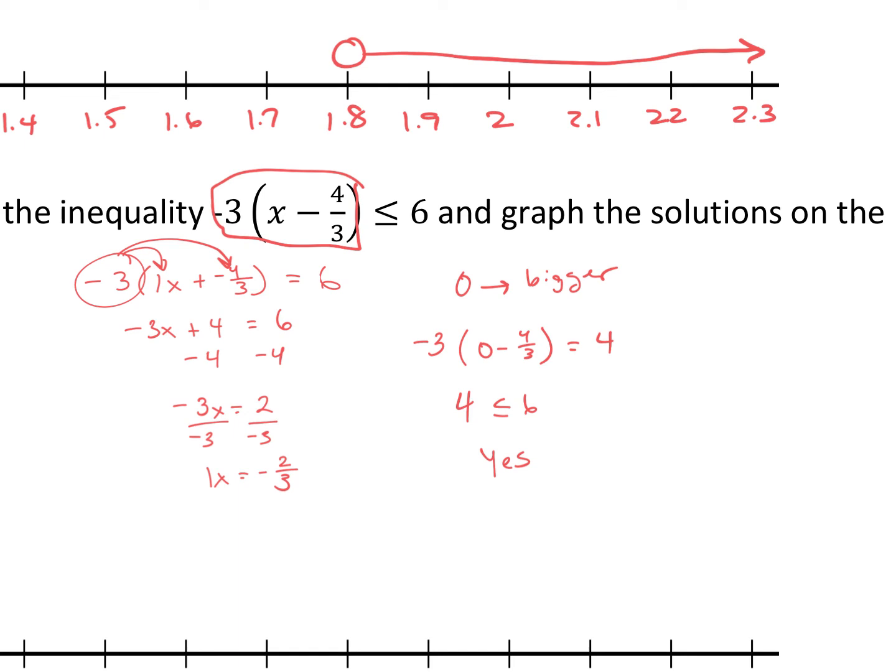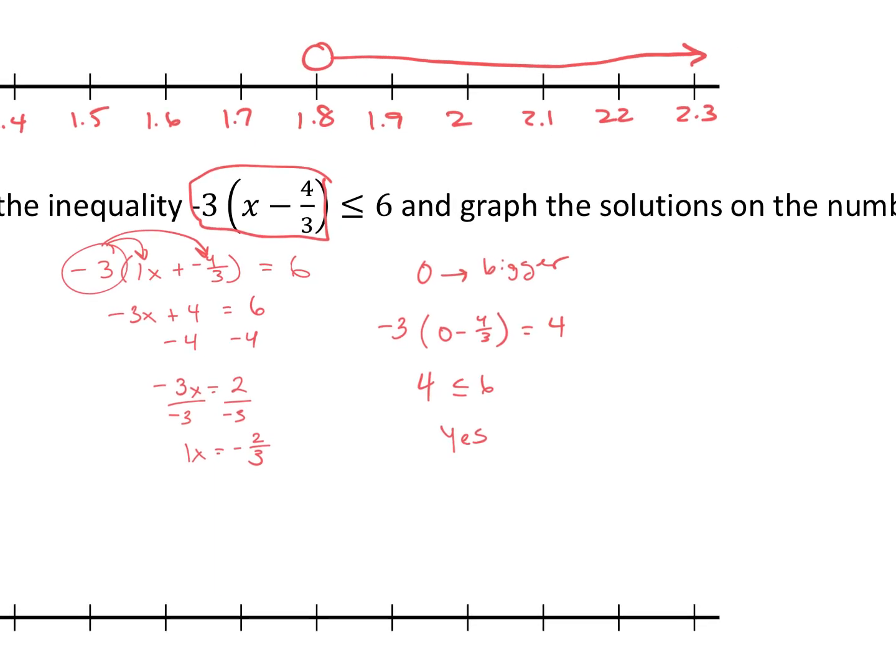But let's just do another solution test just in case. So now we choose a number smaller than -2/3, and you could use -1, so that one's smaller. So when I plug in -1 minus 4/3, remember -1 is just -3/3. So I know that's going to give me -7/3, which is going to then, when I multiply that by -3, will give me a +7.